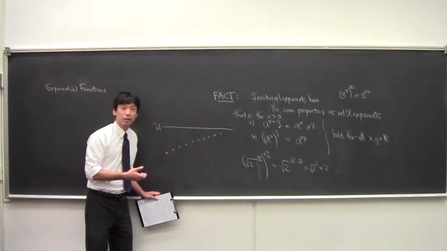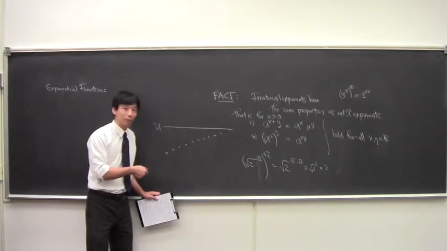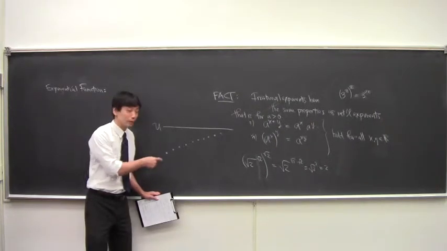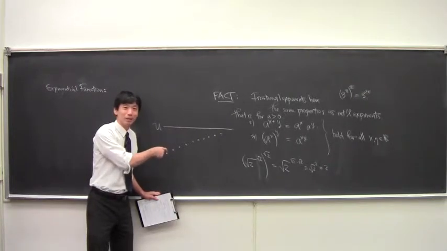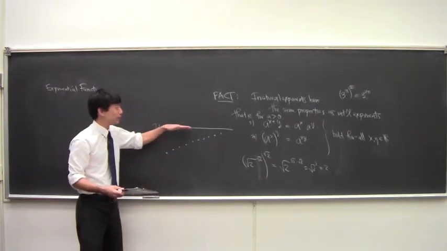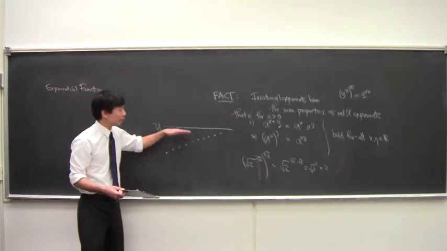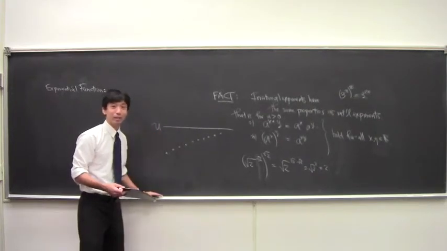Not if it's strictly increasing. Can somebody give me a lower bound for this? The first number is your lower bound, because it's an increasing sequence. So yes, you only need the bound on one side. In fact, it will automatically be bounded on the other side.